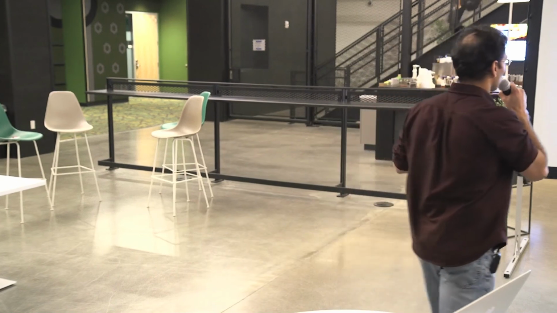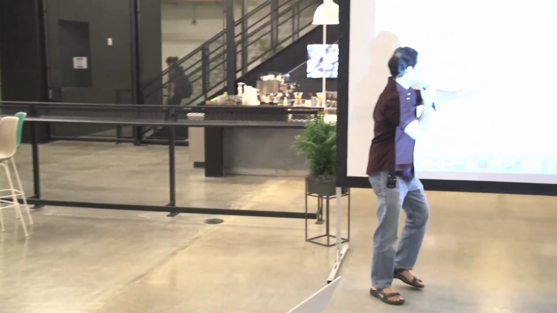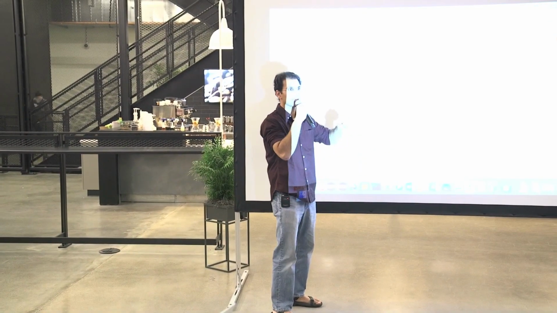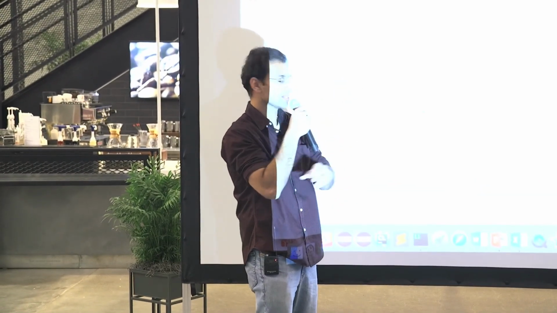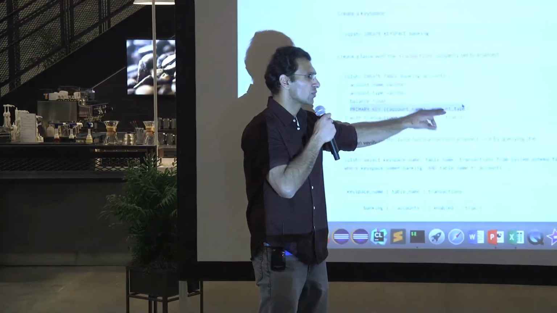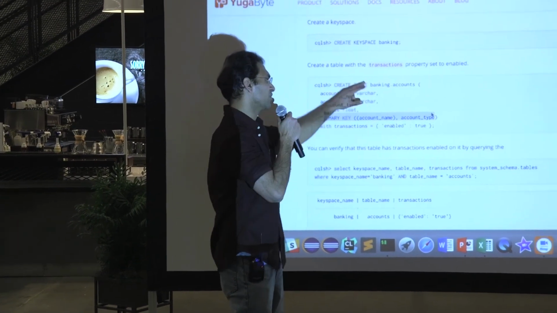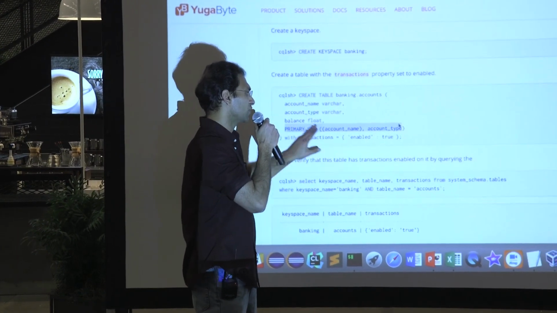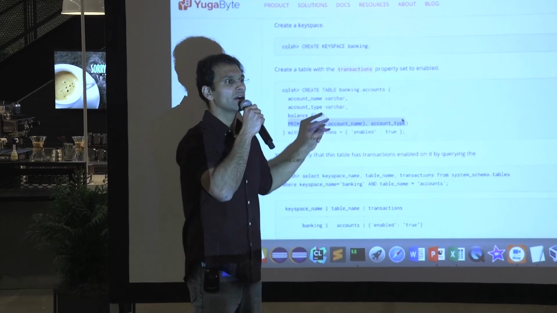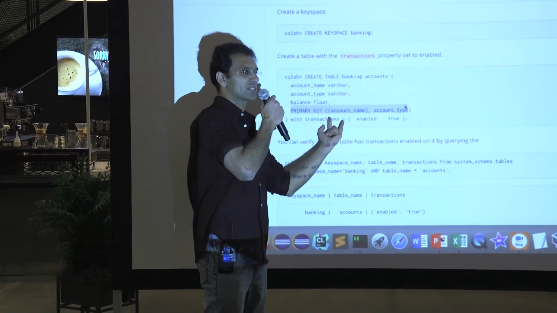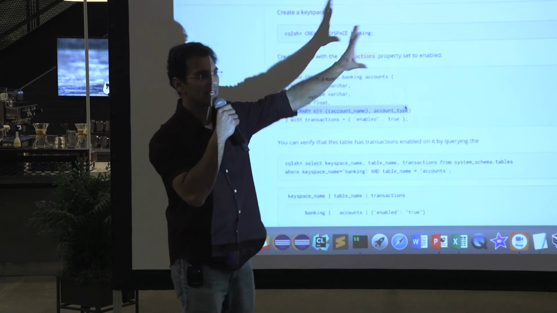These double brackets say that I want to keep all my account data on a single node, even if you add nodes. And next to that, sort my data by account type. So it's very efficient to access an account, to access account name, to access account name comma account type. It's also efficient to list all the accounts data for a given account name. So that's on one side.